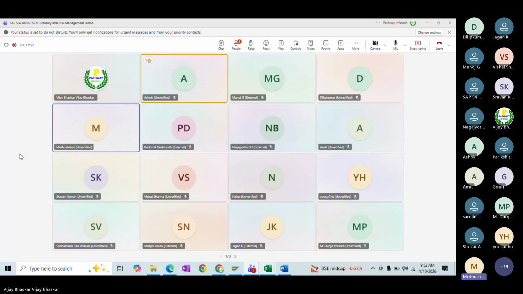That is good. Actually, since I have treasury experience, I may not be interested in FICO. I need FICO only for understanding the bare minimum on the treasury part, definitely what is required. If they can guide me, that will be better. That's what I'm giving as an option.